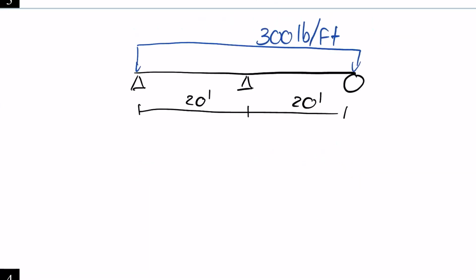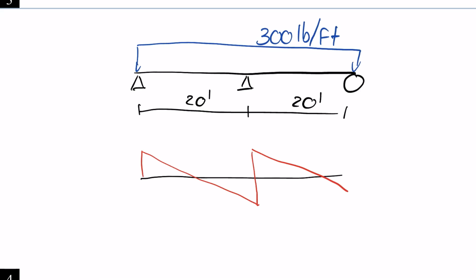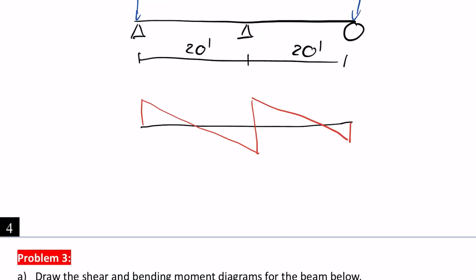And then we have the shear diagram will look like this. Up here, down, up, down, here. And then I have the moment diagram will look like this.